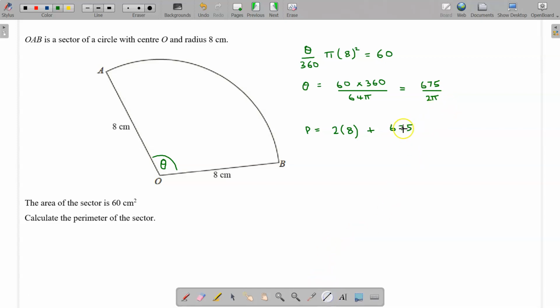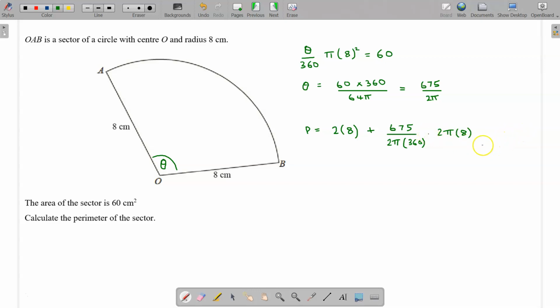So it's 675 over 2 pi times 360, times 2 times pi times the radius.